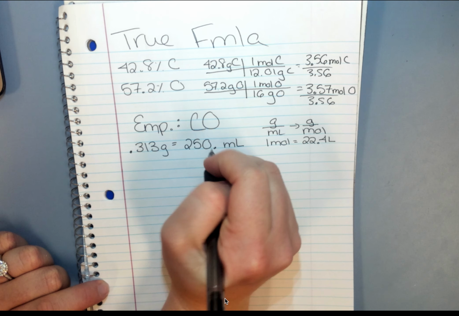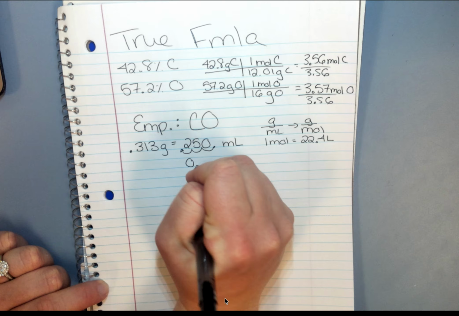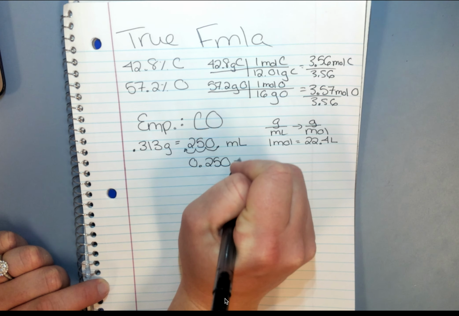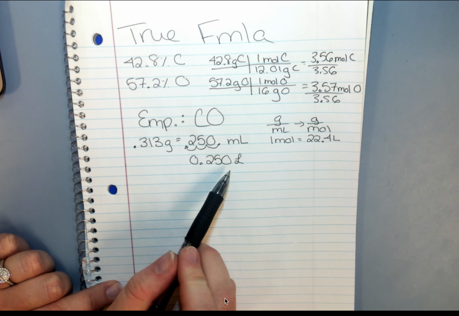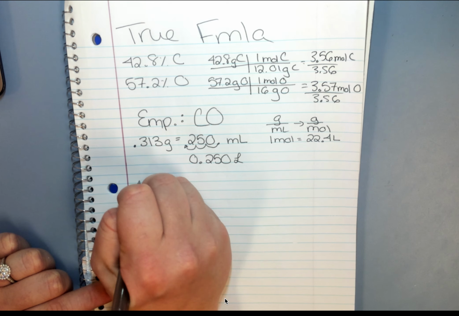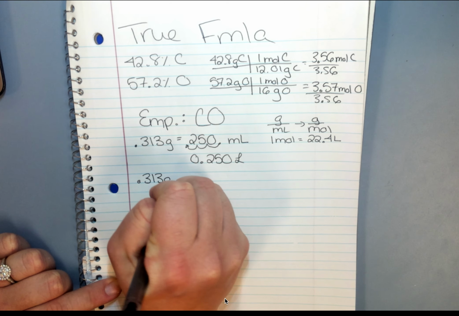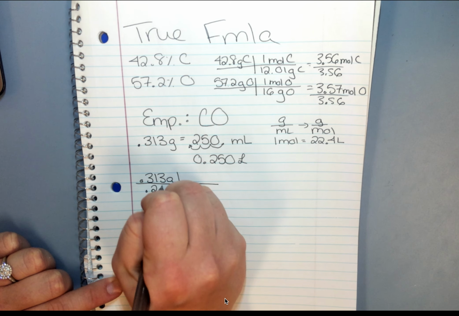And we're going to make this number work for us. So I'm going to make this instead 0.250 liters. That way, if I'm starting in grams per liter, I can easily do my conversion to grams per mole. So 0.313 grams over 0.250 liters.